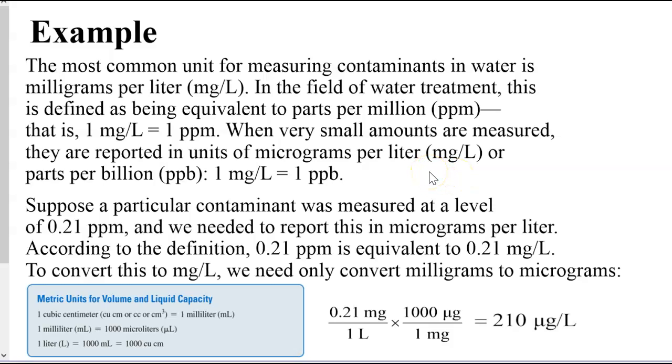So this is the problem I wanted to point out to you, that in this conversion and on your homework, what you might see is milligrams and micrograms in the same problem. So make sure that when you set that up, you do the right unit of conversion for the liquid volume down here. Okay.